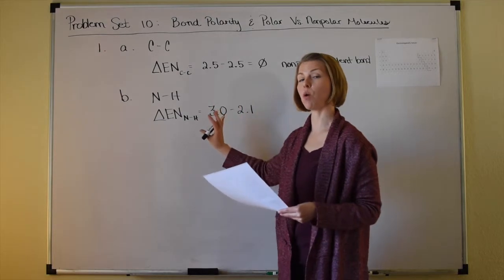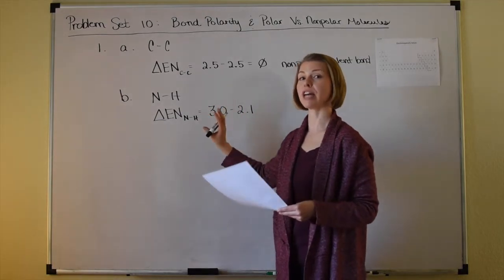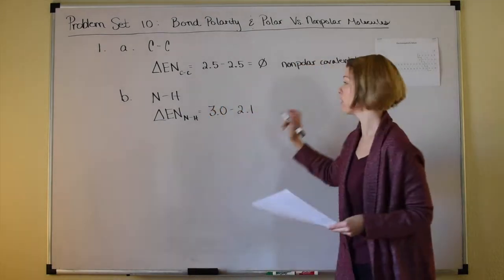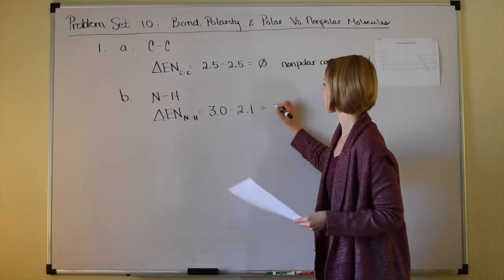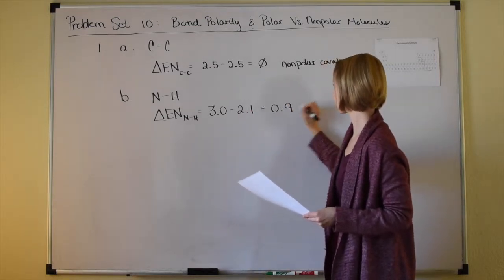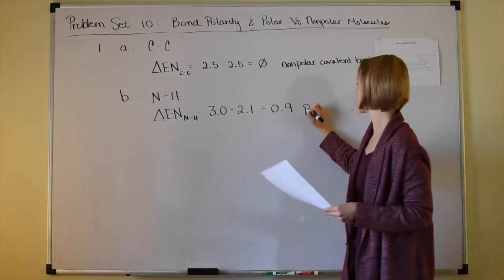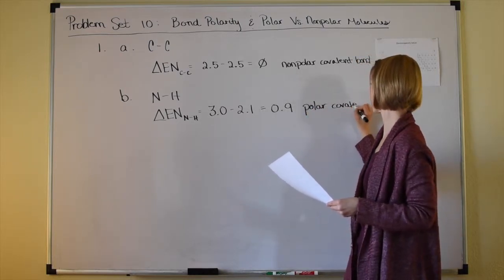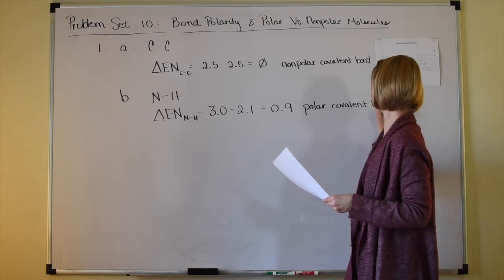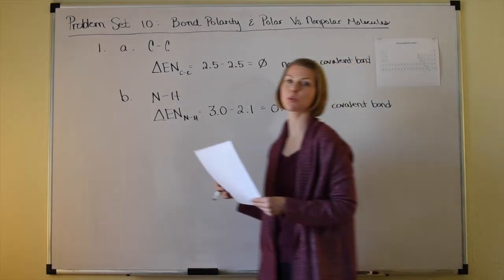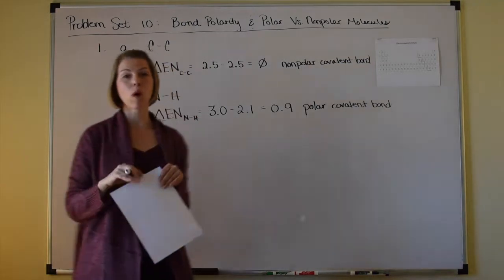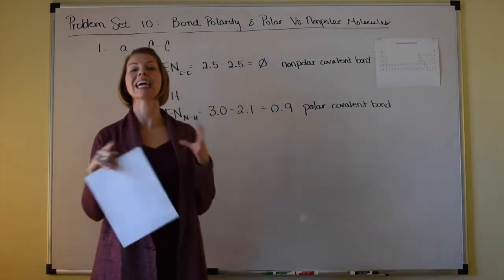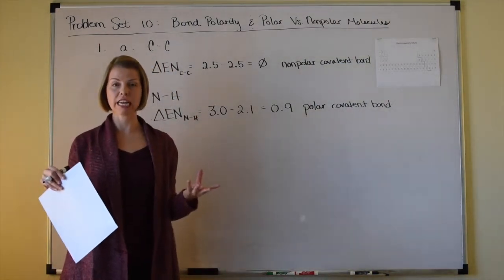You're always going to come out with a number that is positive, 0 or above, never a negative here. So we've got a difference of 0.9, and this falls in the polar covalent range. Remember that anything between 0.5 and 1.9 is considered uneven electron sharing in a covalent bond.